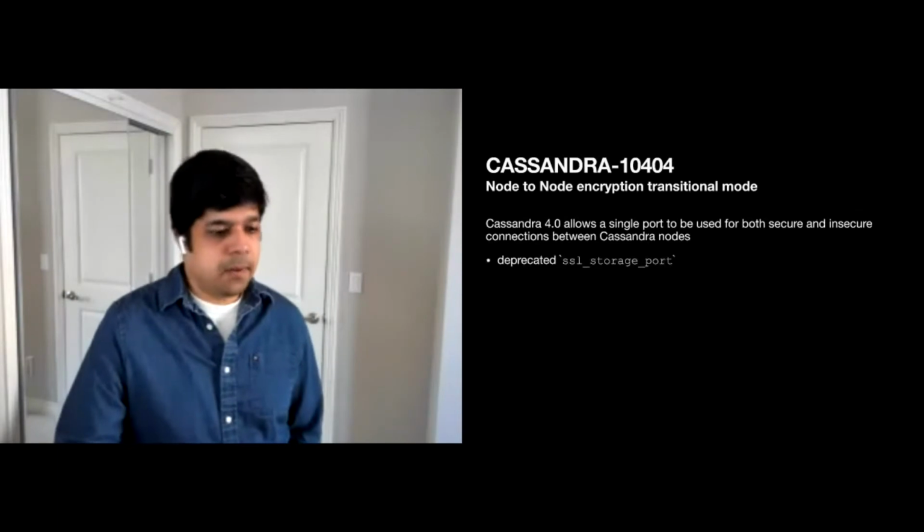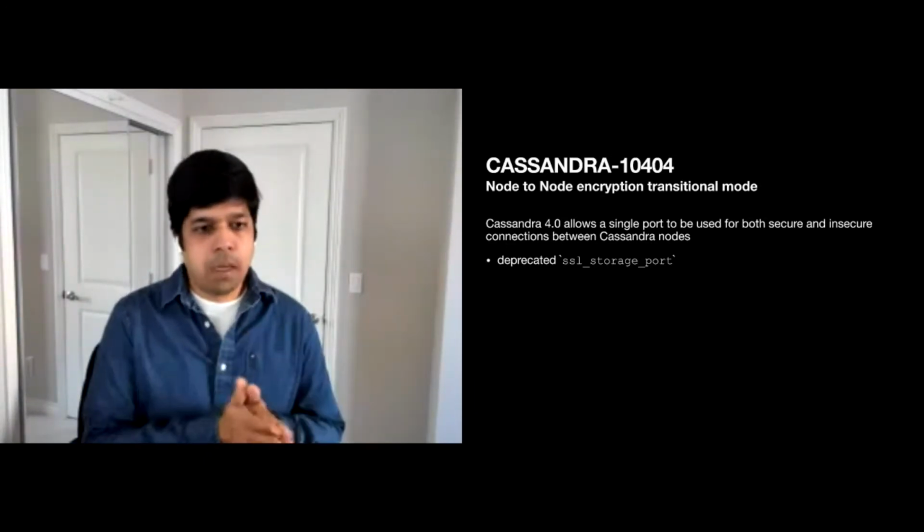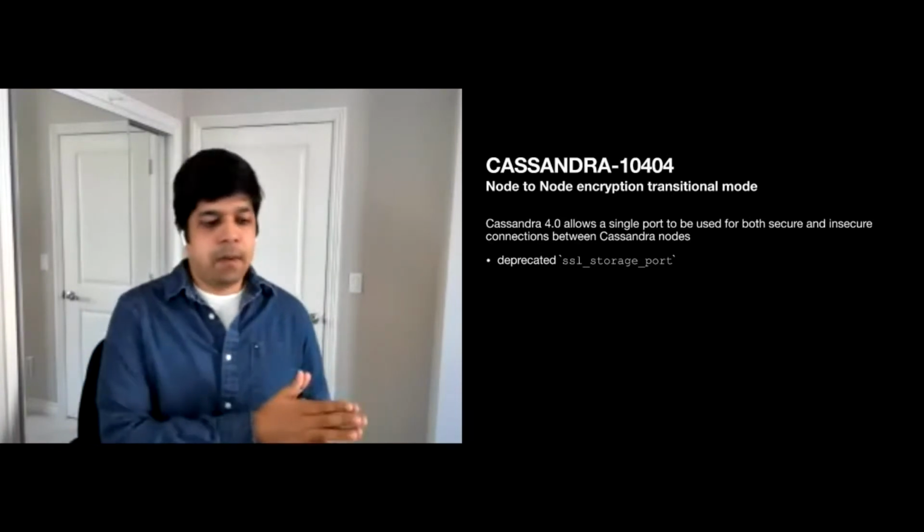In Cassandra pre-4.0, we had a setting called SSL storage port. This setting basically meant that if you want to run Cassandra in a mode where you have connections going to a secure port, then you had to specify a different port.